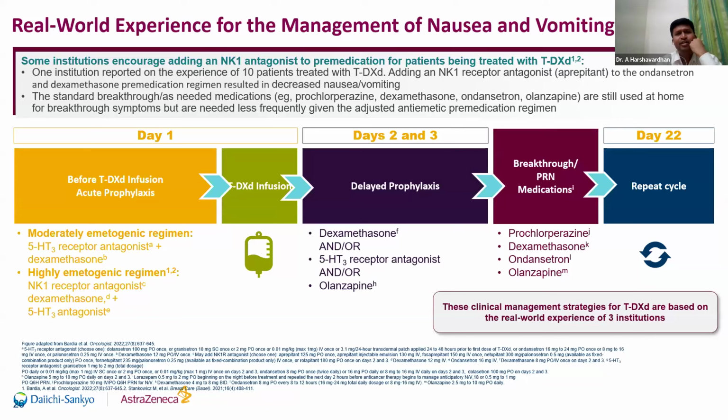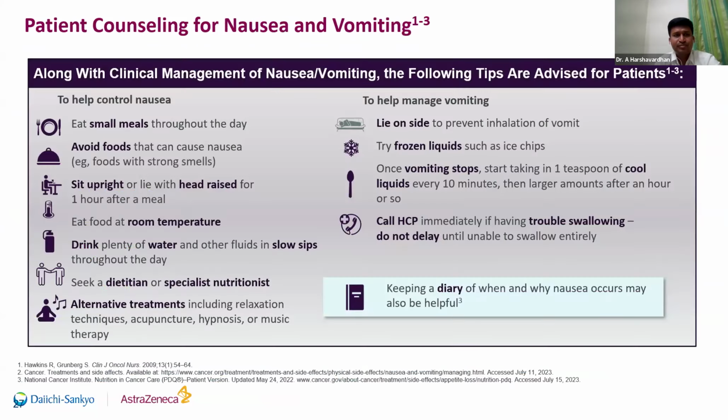One institutional study of 10 patients treated with T-Dxd showed that adding an NK1 receptor antagonist resulted in a decrease in nausea and vomiting. So NK1 receptor antagonists are an important part of the antiemetic regimen.